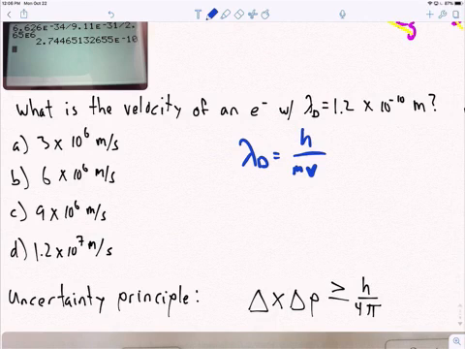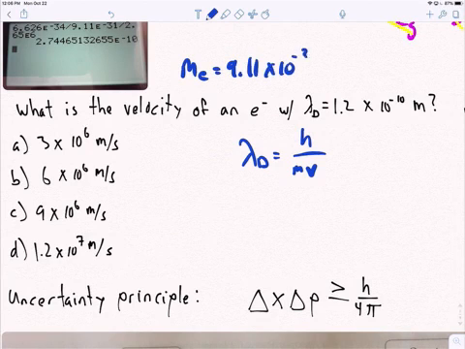Oh, and mass, I covered it up. You don't have to do all the units if you don't want to. If you put everything in kilogram meter per second, it'll all work out properly.